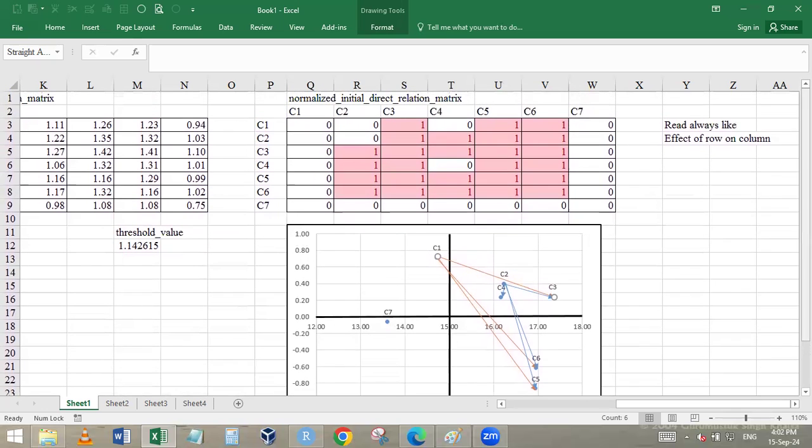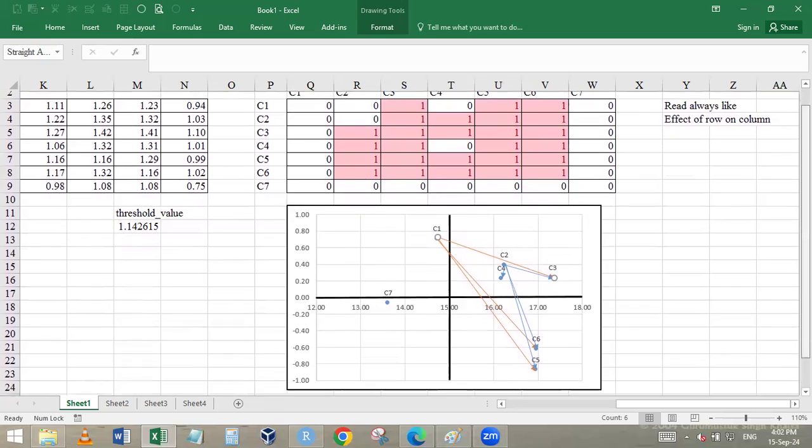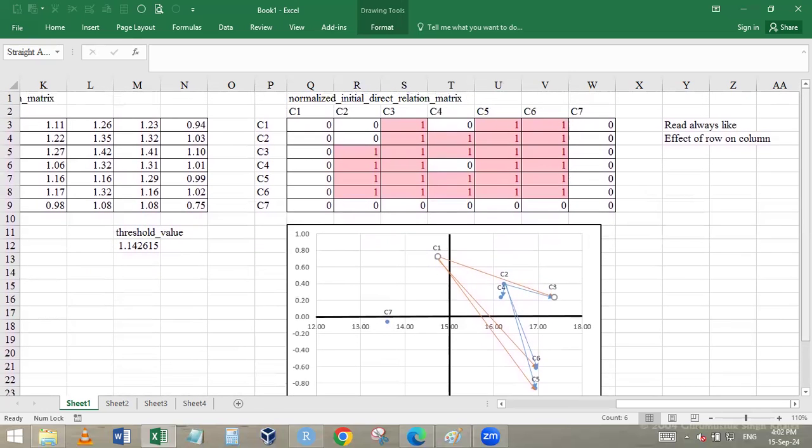Then what I also see is that C1 and C7, all values are 0. So does it signify anything, or how do we interpret this? Or should C1 and C7 be removed, as C7 is not influencing any factor and no factors are influencing C1?